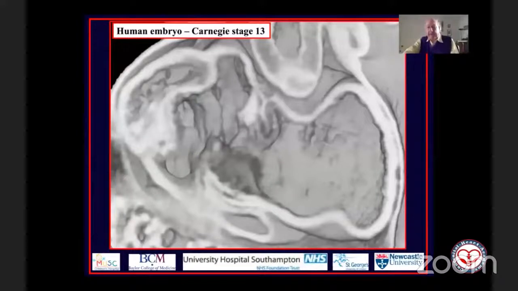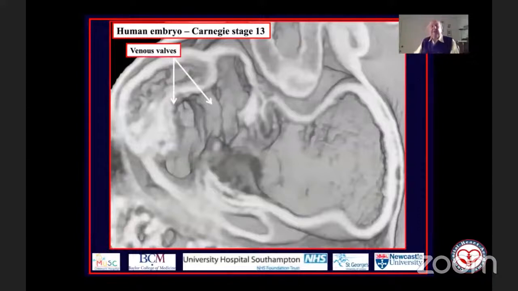So you're looking now into the cavities of the developing right and developing left atrial chambers. And very nicely there, you see those venous valves, and they are marking the junction between the systemic venous sinus, the body of the right atrium, and the ballooning appendage.